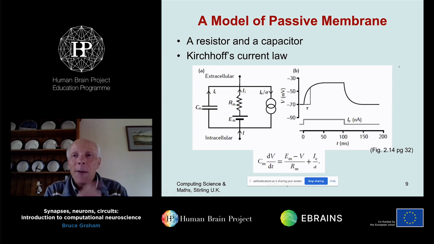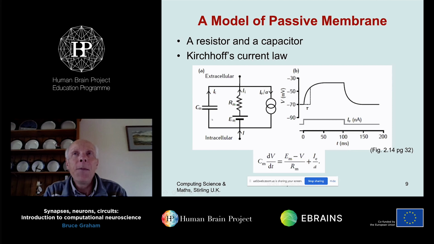So one thing I haven't said so far is that we can describe a small patch of membrane or compartment by an electrical circuit. The basic components you're going to have there are capacitance.